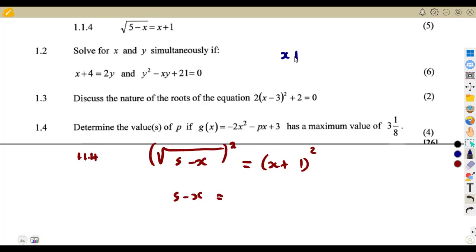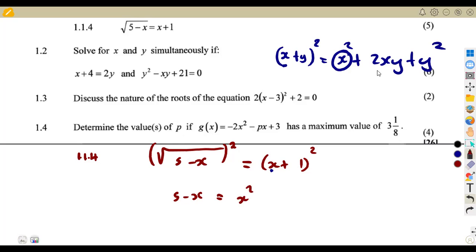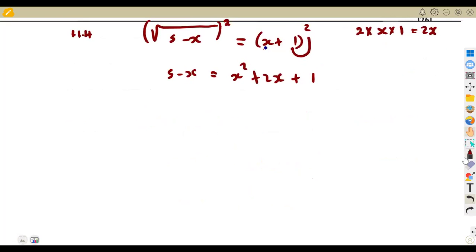Remember we talked about the bracket x plus y squared, which gives us x squared plus 2xy plus y squared, which is the first term squared, x squared, plus 2 times the product of the first and last, x times 1, so this will be 2x, plus the last squared, 1 to the exponent of 2, which is 1. Or you can just open 2 brackets and expand them properly. You're going to get the same answer. It's up to you on your simplification.